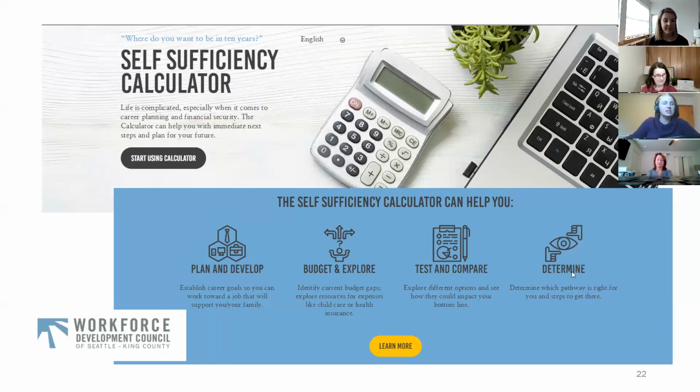Great, thank you. So with that, I will go ahead and go into my piece of this presentation. The Self-Sufficiency Calculator is a tool that is sponsored by the Seattle-King County WDC. As both Lisa and Annie mentioned, we have partnered with them since 2007, which is a long time that the calculator has been in place.